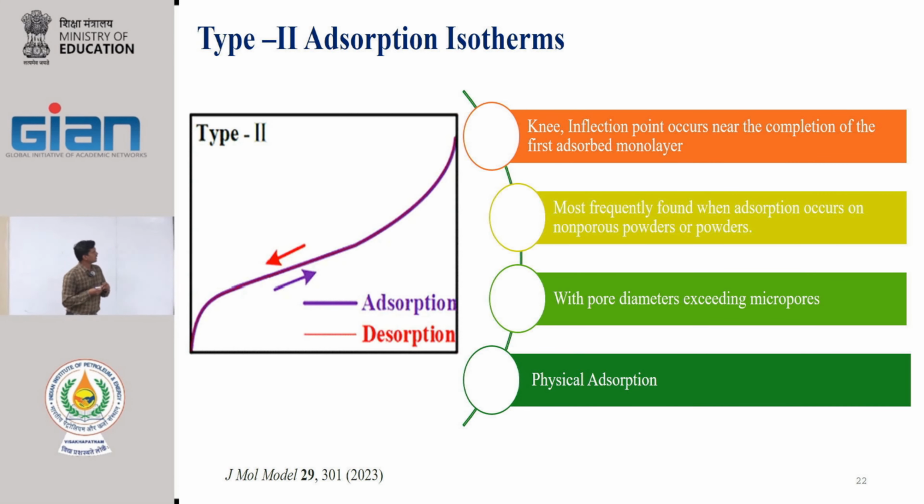Whenever you have a non-porous powder, adsorption only happens on the surface, it's not like porous. It adsorbs initially here, and then slowly it goes on. So this is multilayer.